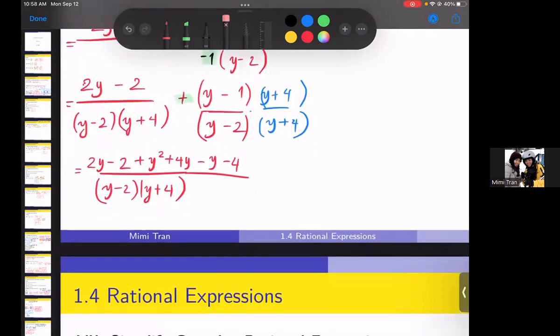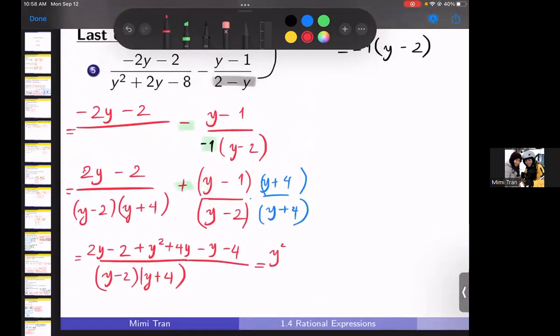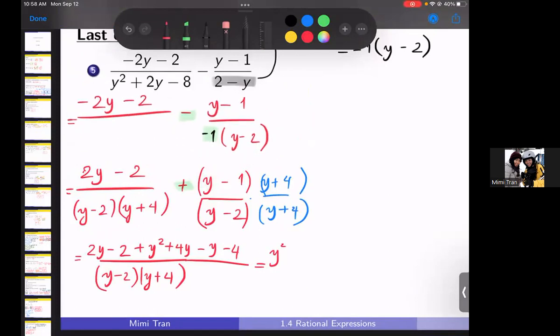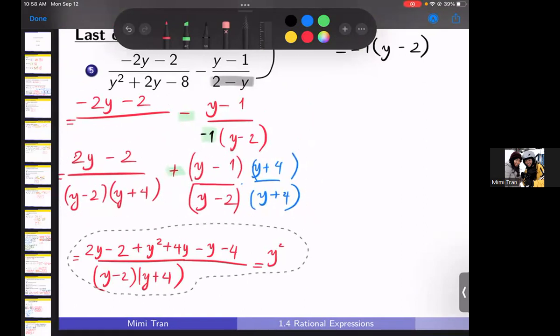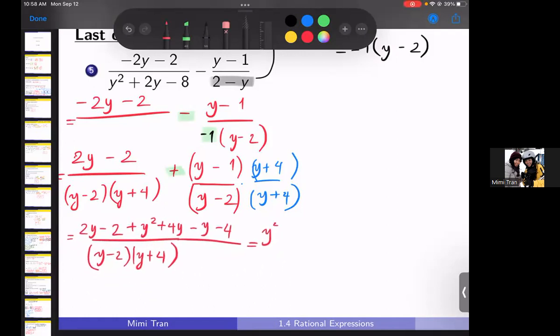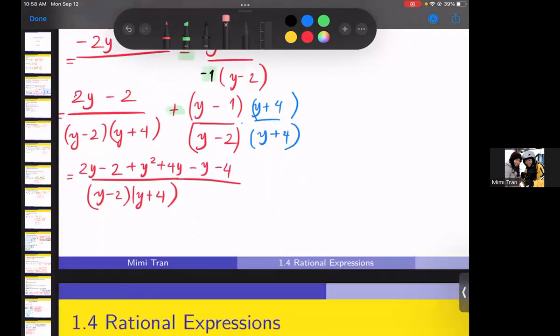So equal, simplify this, what you got? I got y squared. Give me a second. I gotta move it up a little bit because I'm running out of space. There we go. I'm going to write things in descending order, meaning from higher power to lower power.